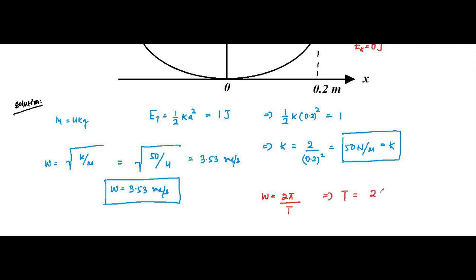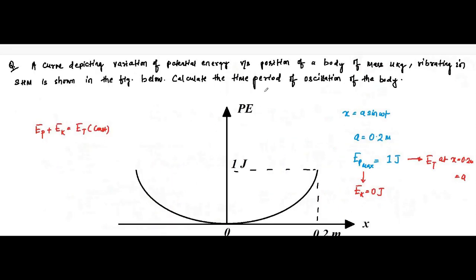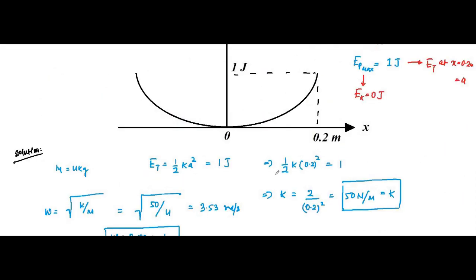That implies time period T is equal to 2 pi by omega, which is equal to 2 pi by 3.53 radians per second, and that is coming around 1.78 seconds. So the time period is 1.78 seconds. This is what was asked in the question to calculate.